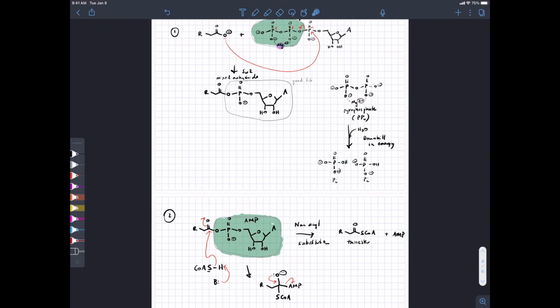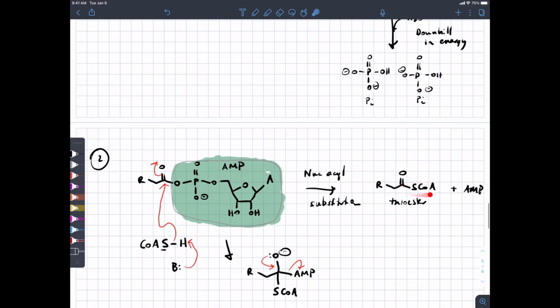I don't have an answer other than that the reactions of thioesters are really fast. It's really fast to swap out one thiol for another, and it's also fast to swap out some other nucleophile for this thioester. And the other reason for having CoA here is because we ultimately want to get acetyl-CoA that we can take into the citric acid cycle.